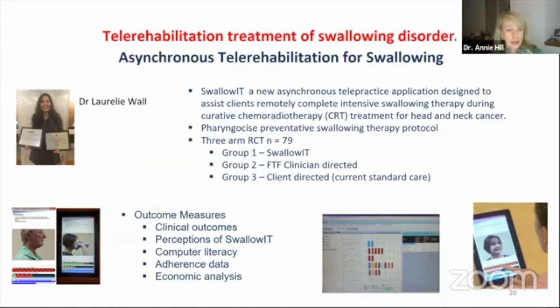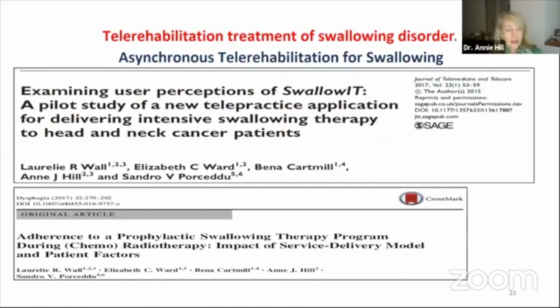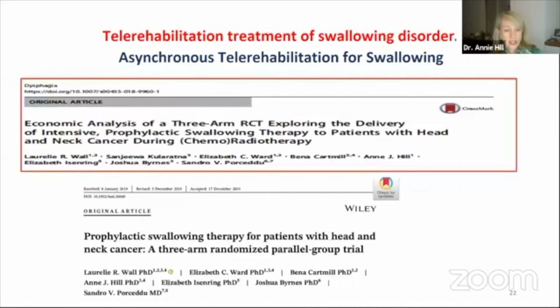We did a 3-arm randomized control trial and looked at clinical outcomes as well as adherence and economic analysis. There's a series of papers that have come out which detail all of this work.